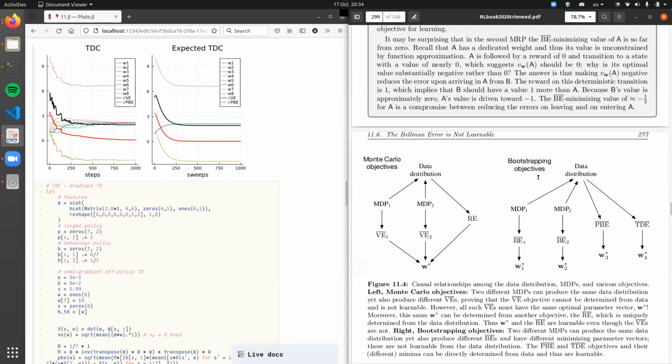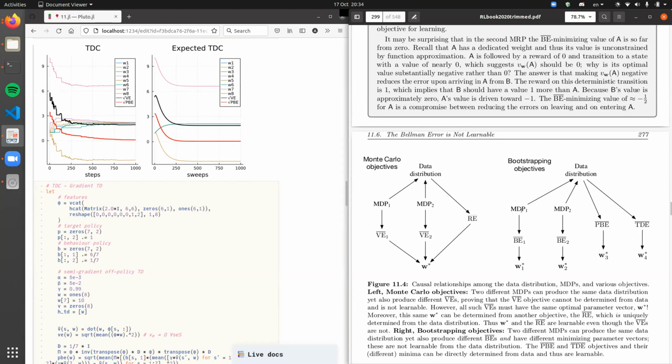But now let's look at the bootstrapping case. So again, both MDPs have different corresponding expected Bellman error. And when minimizing this Bellman error objective, we will get different W's that minimize the Bellman error for the two cases.